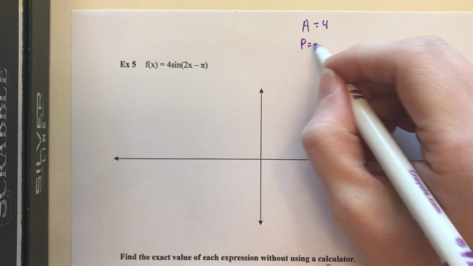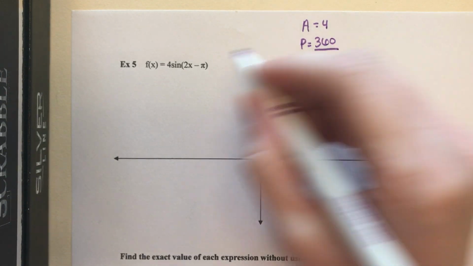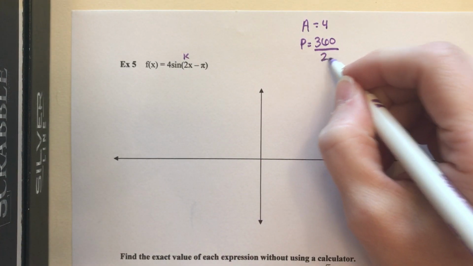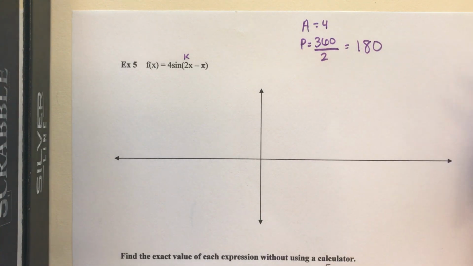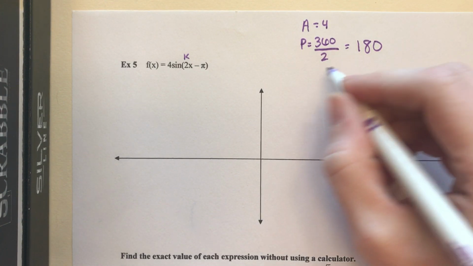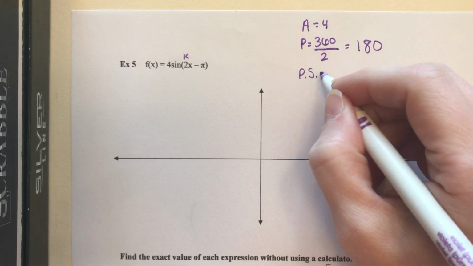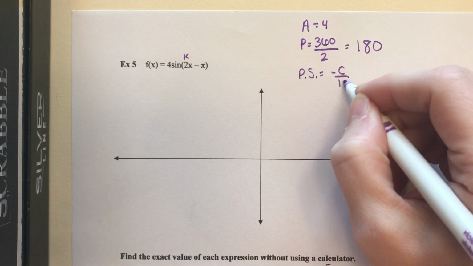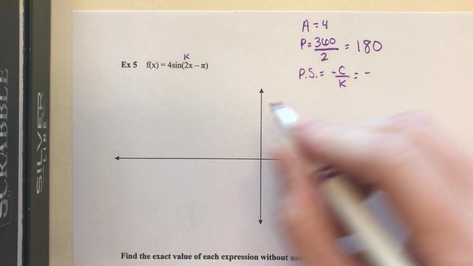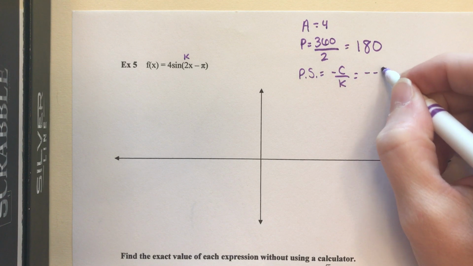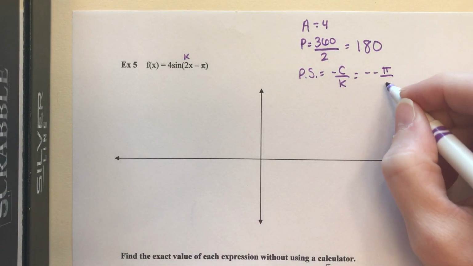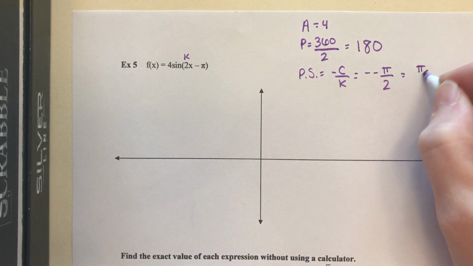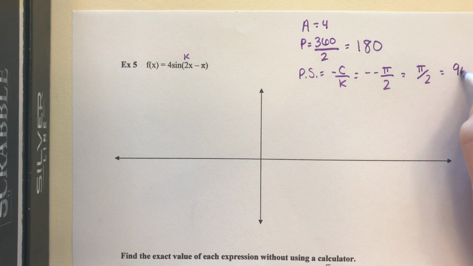My period is 360 over k, and k is 2, so that's 180. And for the phase shift, I have negative c over k. So negative negative pi over k, which is 2, so pi over 2. That's 90 degrees to the right.